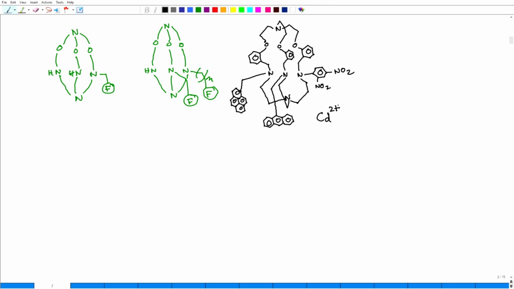Cadmium 2 plus. So, when I put a cadmium 2 here, I see a very strong fluorescence.